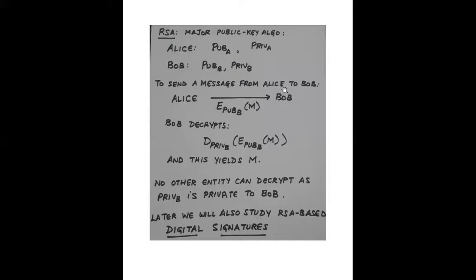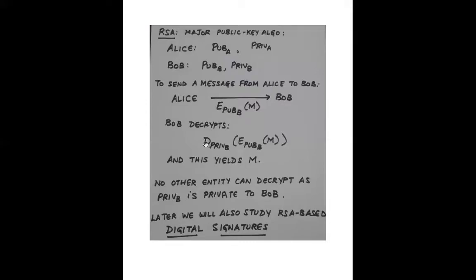That's how the message is sent. So the ciphertext is nothing but the encryption function, which we have yet to design, applied to message M with the public key of Bob. It's intended for Bob, so you encrypt the message with the public key of Bob.